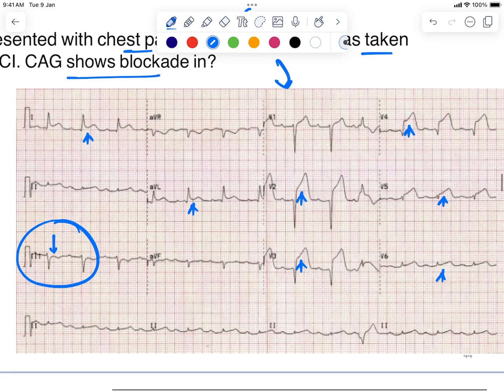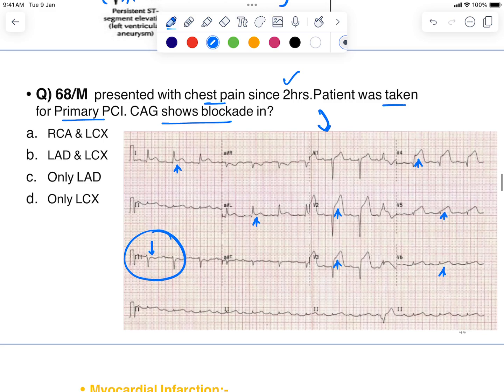So this is definitely suggestive of ST segment elevation MI. There's no doubt in that. You have changes in the anterior leads and in the lateral leads as well. So the block is present in the left anterior descending artery as well as the left circumflex artery. So this is the ECG suggestive of myocardial infarction.